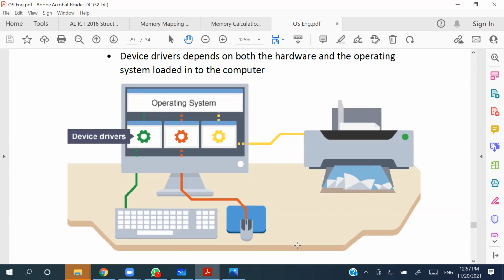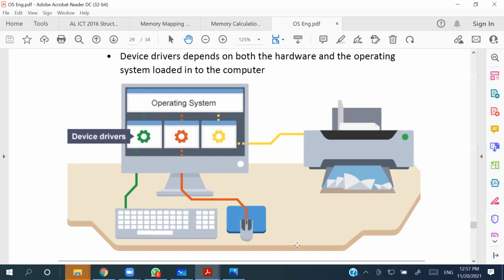Specifically when you are purchasing a new device, you will be getting a device driver CD with you. So we have to fix that particular component. Then we have to install the drivers from the CD or the DVD which is receiving us when we are purchasing the drive.